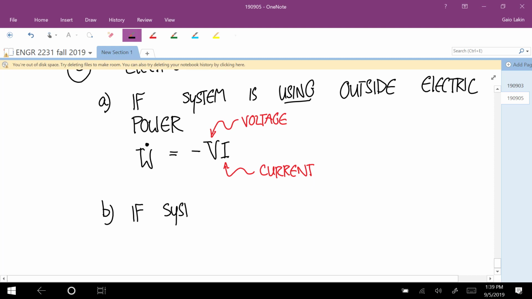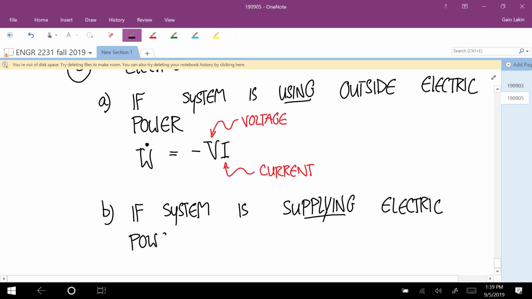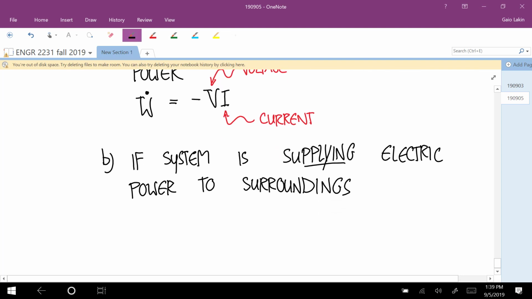So if the system is supplying electric power to the surroundings, then W dot is equal to positive voltage times current.